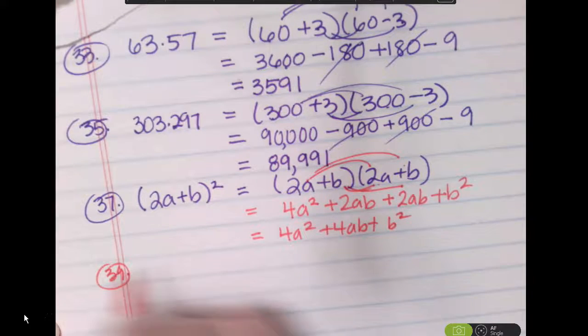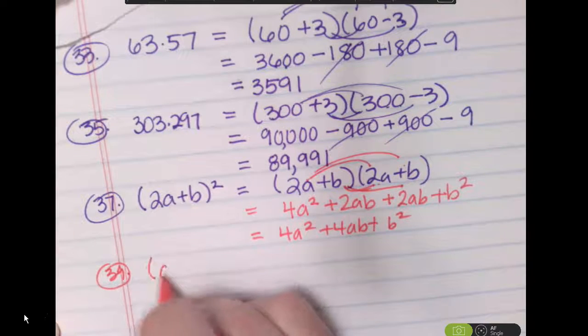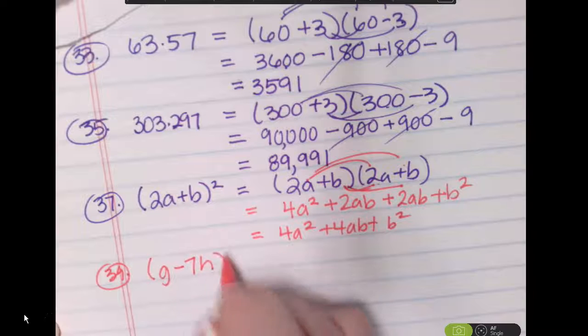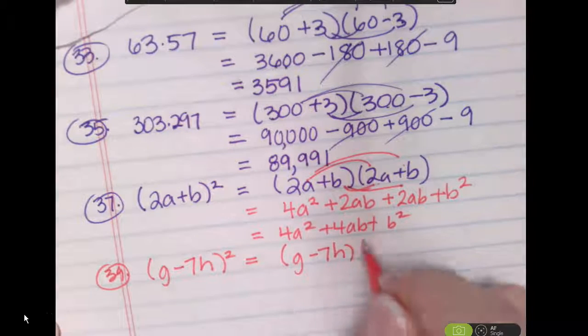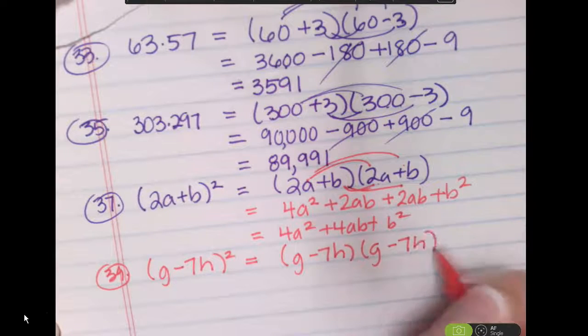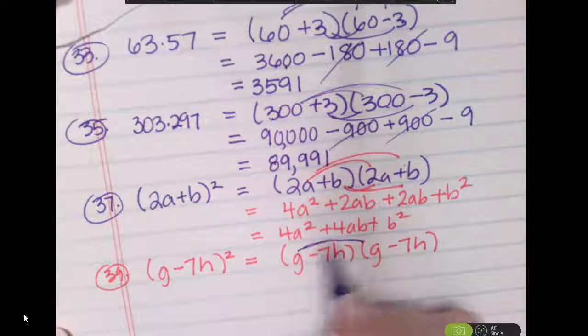Number 39, g minus 7h squared. I'll expand it out, g minus 7h times g minus 7h. And then I'm going to show my double distribution.